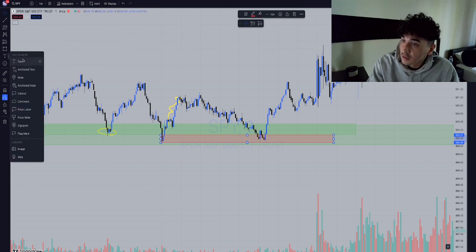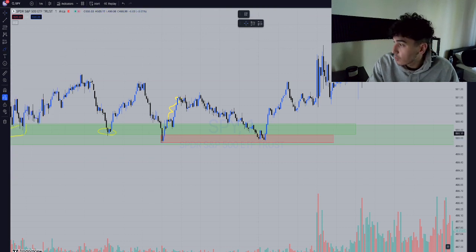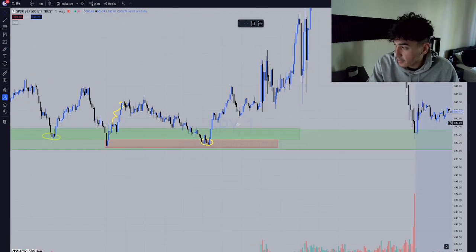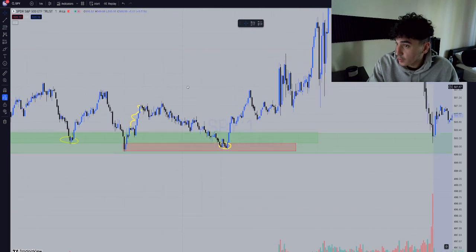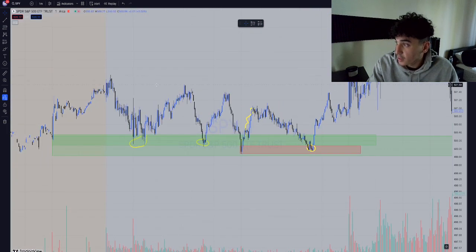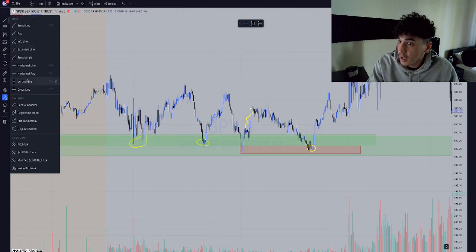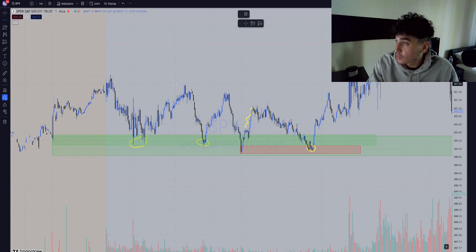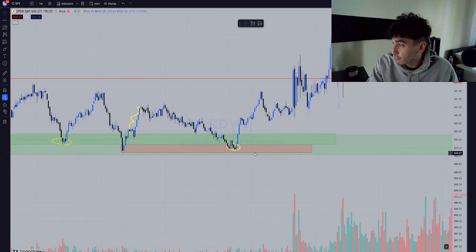We tapped right into this 1 minute right here, heavily respected it. If you were to take a trade, so let's say I'm taking this trade, you can target these highs up here. So let's go ahead and mark out these highs. Your stop loss would only be a break outside of the demand zone, right? So you're risking very little already.